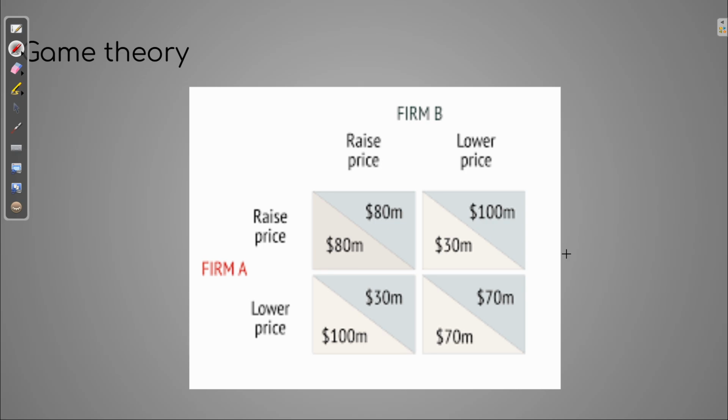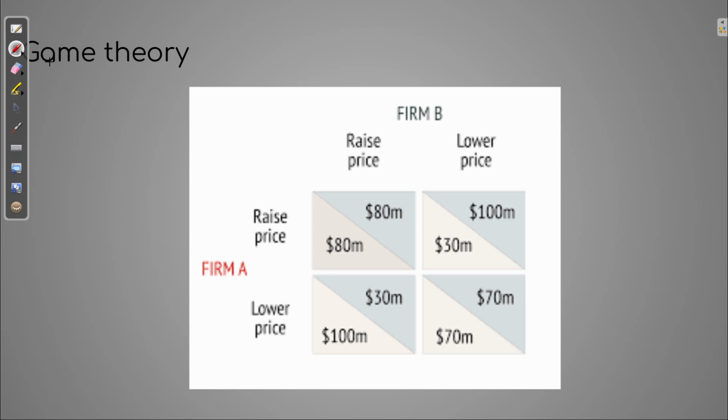What makes a Nash equilibrium an equilibrium is that the total market profit is maximized, and the firms have no incentive to cheat on each other or to switch to a different strategy, and that's really important. And these are the strategies. So if firm B lowers the price, that's a strategy. The strategy would be to lower the price.